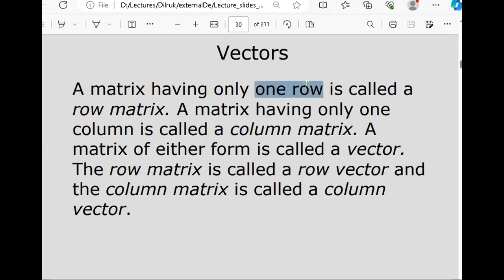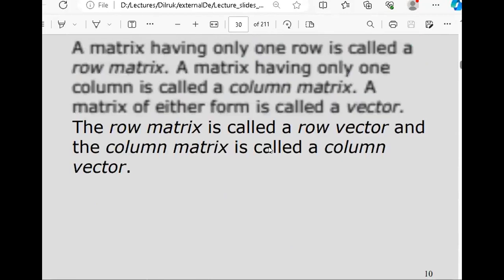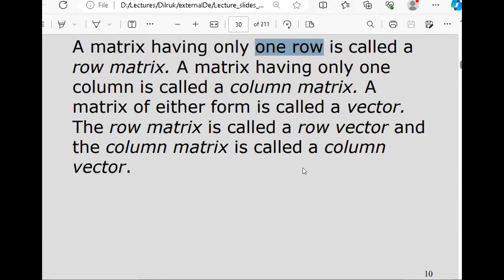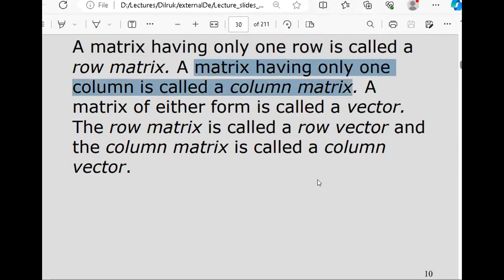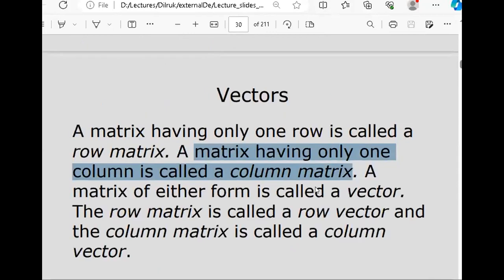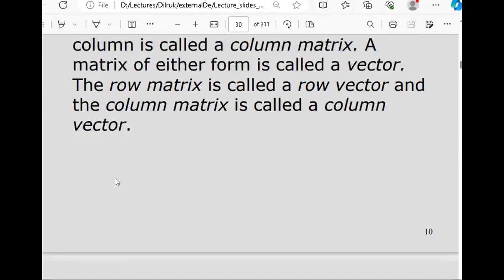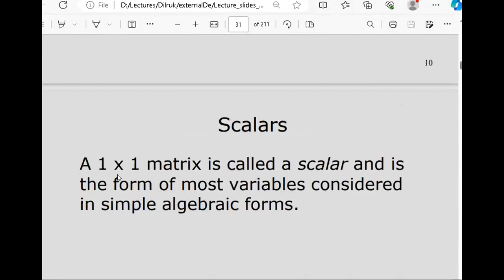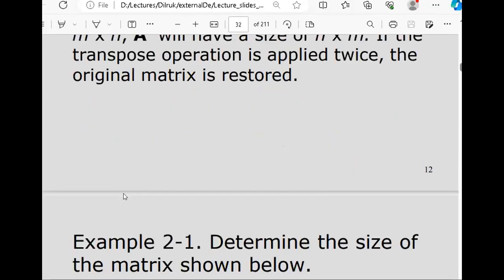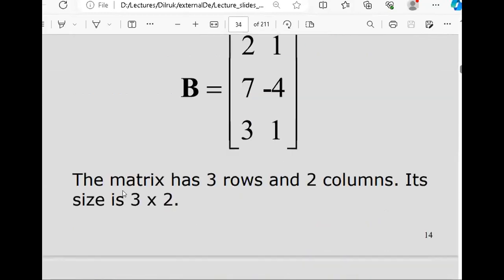If you have a row matrix, it is called a row vector, and a matrix having one column is called a column matrix or column vector. A scalar has dimension 1 by 1. Transpose.